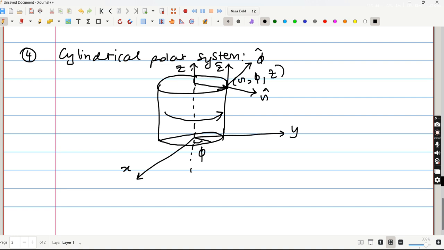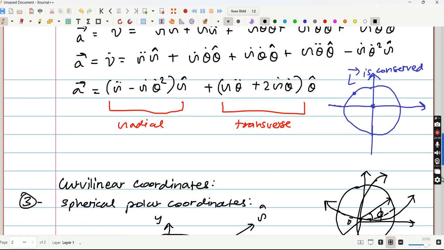So in this case, your x will be r cos phi, just your x-axis. This is your x, y. You can interchange it, but for this problem, x is r cos phi, y is r sin phi, z is just always z. So these are your three coordinates for the cylindrical polar system.